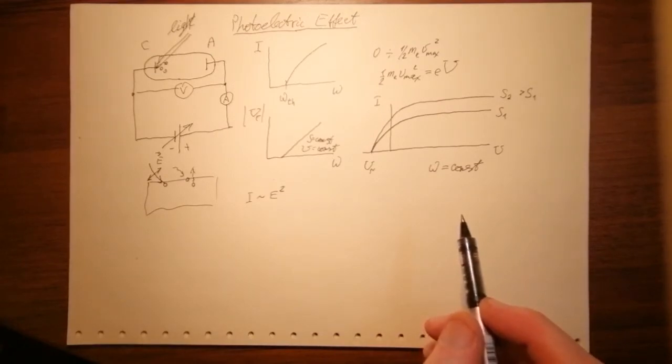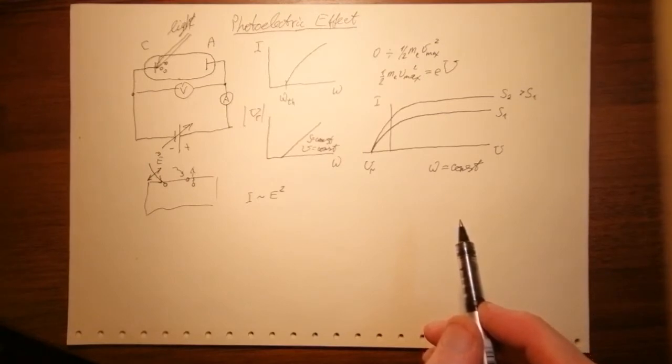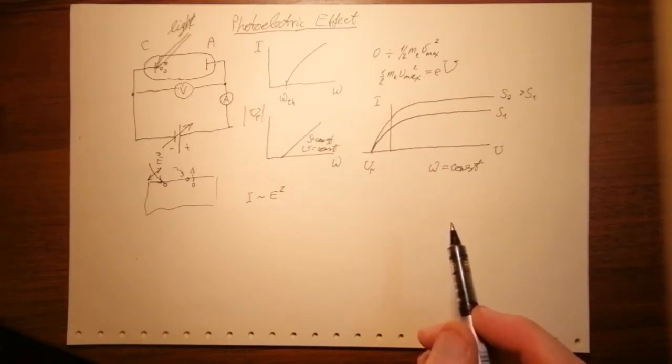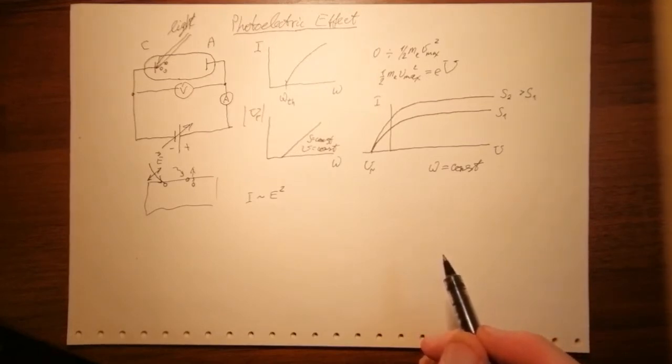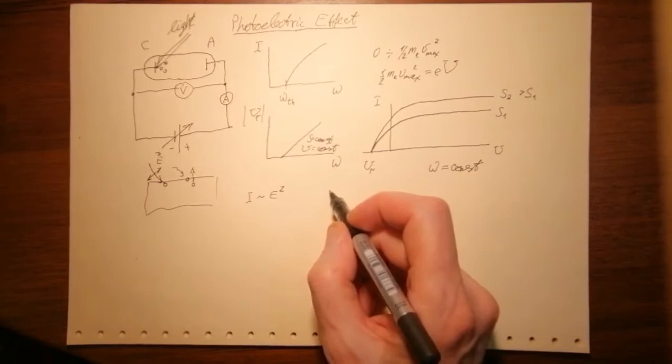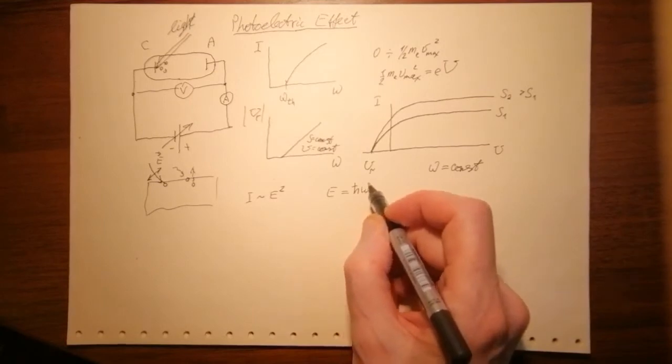It was the great scientist Einstein who suggested the idea that not only is emission of electromagnetic waves made by portions, as was shown by Planck, but absorption is also made by portions, and these portions are those suggested by Planck, E equal to h omega.